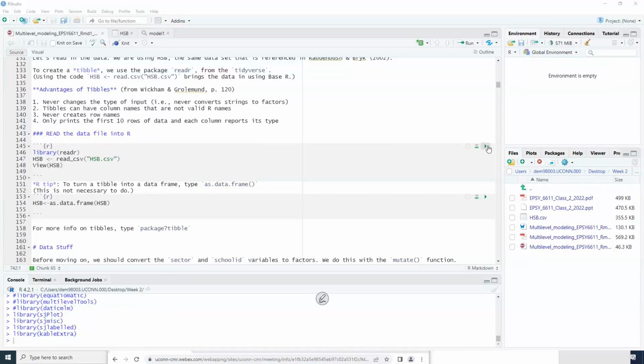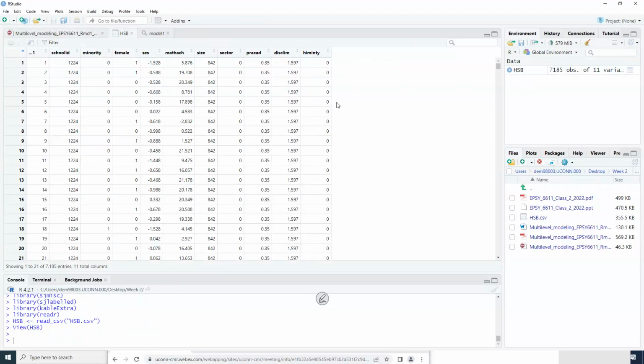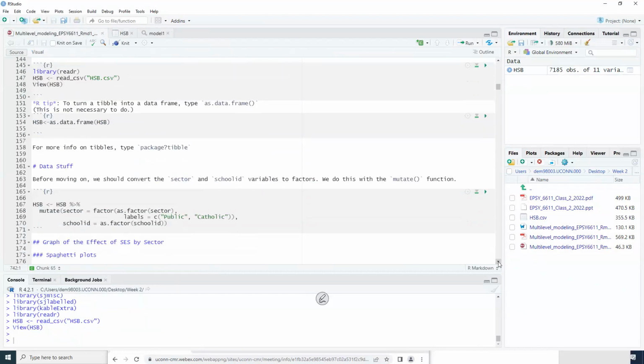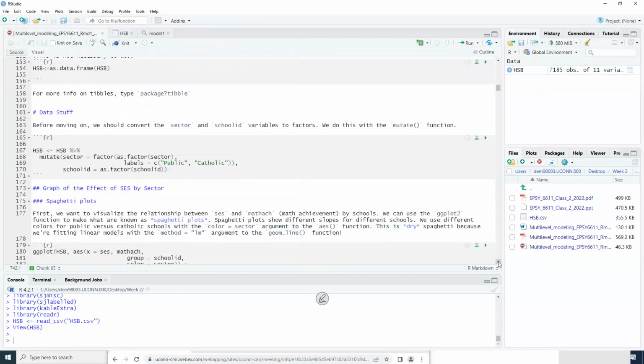So here we go. First thing I'm going to do is read my data file into R, and that's that code, and there it is. Hooray. Then remember that I need to do a little bit of recoding cleanup before I get started.